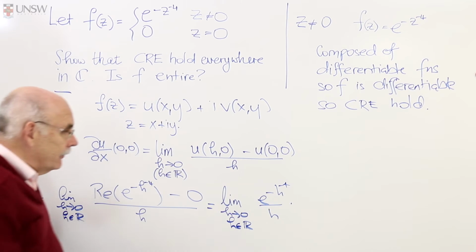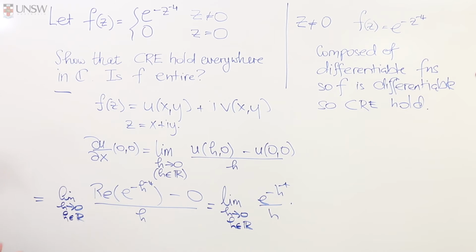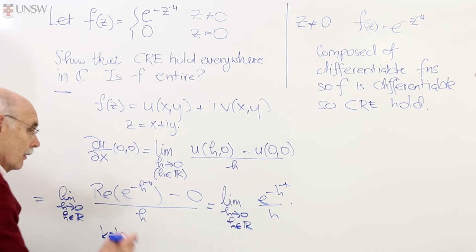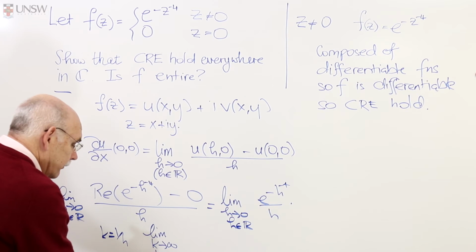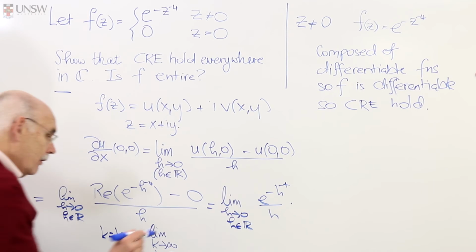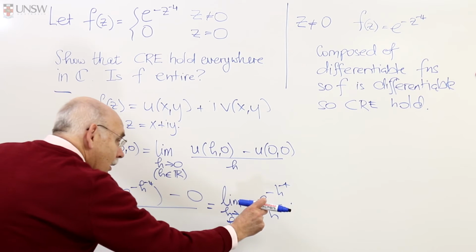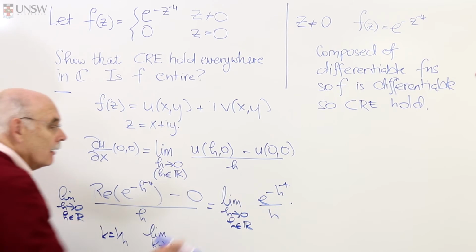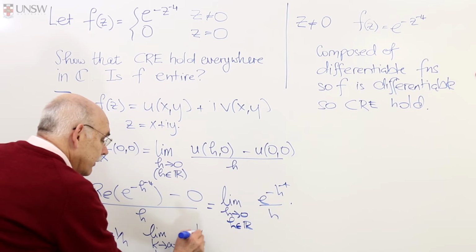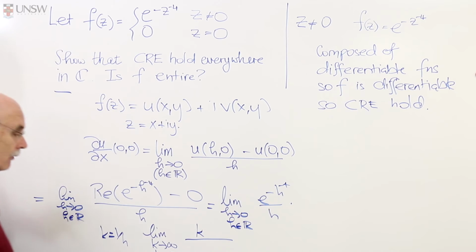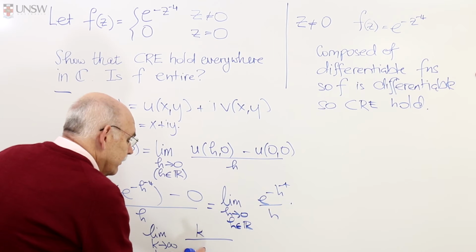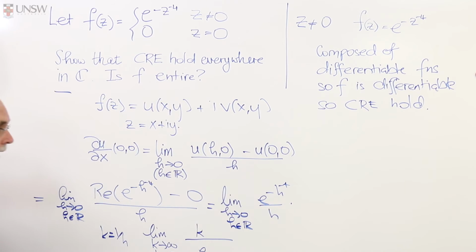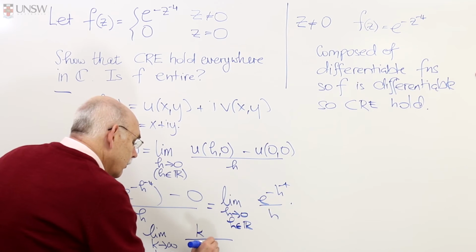Now, this is a nasty limit. The way that we deal with it is we put k equals 1 over h, and we're looking at the limit as k goes to infinity, k always real, of, well, when we put in h equals 1 over k, we get a 1 over k in the denominator, which is the same as a k in the numerator, and e to the minus something is the same as having e to the plus something in the denominator, and that something is e to the k to the 4.